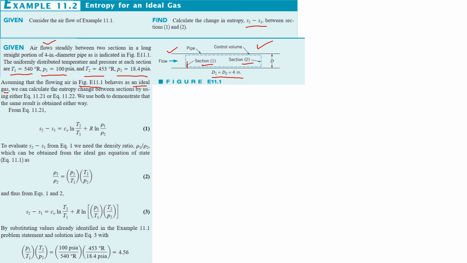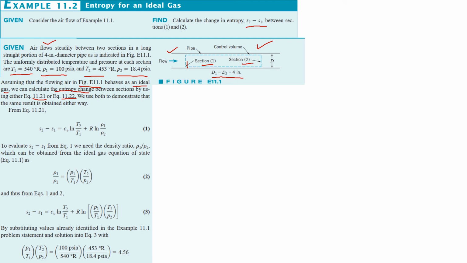were all for the ideal gas, with changing density because they are compressible. We can then calculate the change in entropy between sections by using equation 11.21, the change in entropy at constant specific volume, and 11.22, the change in entropy at constant pressure.